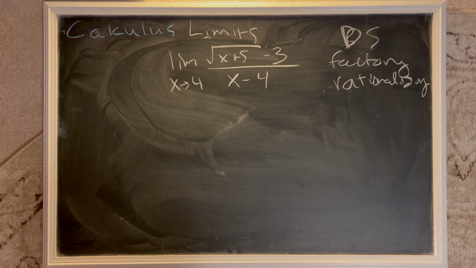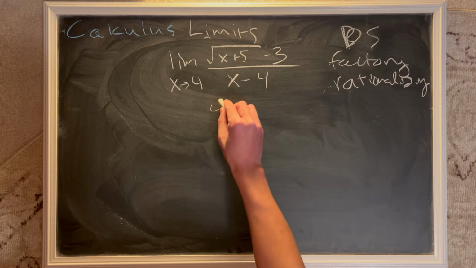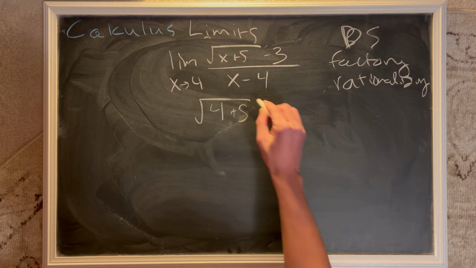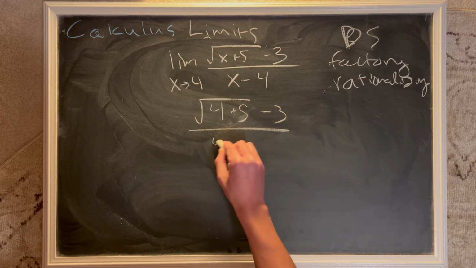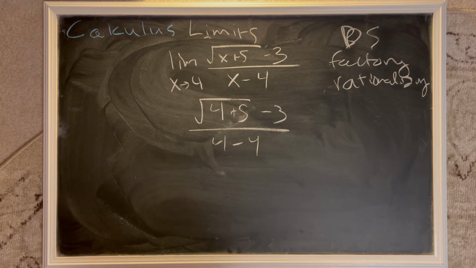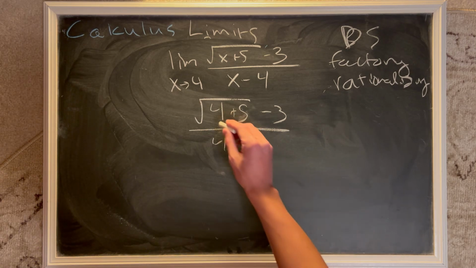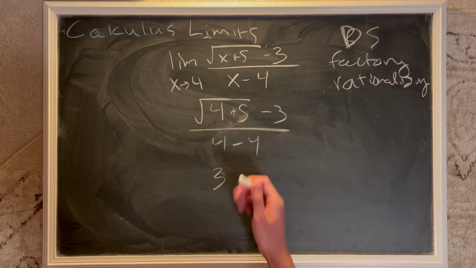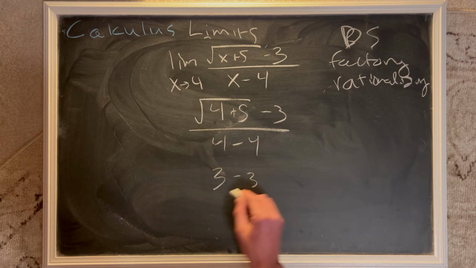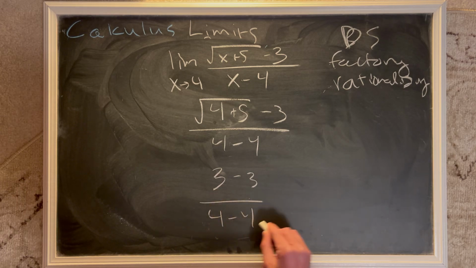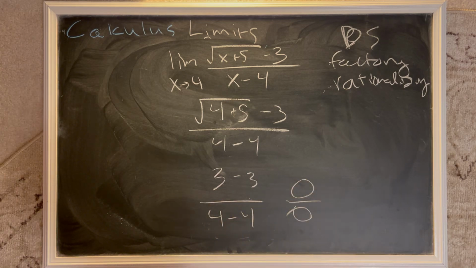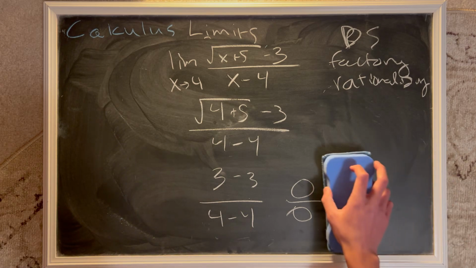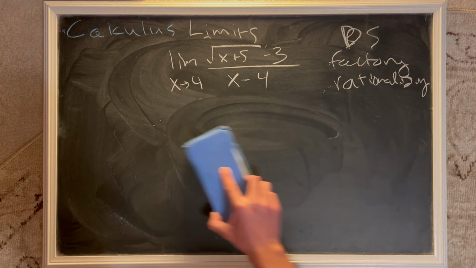So we can try direct substitution here first, but you'll see quickly that if I substitute 4 for all the x's, we have 4 plus 5 in the square root, which is 9, square root, which is 3, minus 3, over 4 minus 4. So we get 0 over 0 indeterminate form. So that means we're going to have to do one of the other techniques.